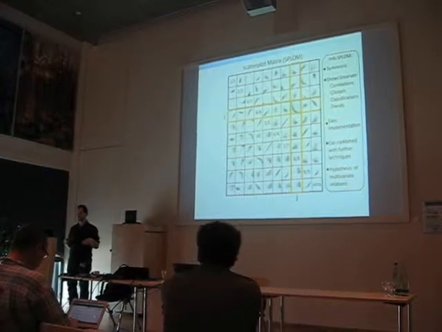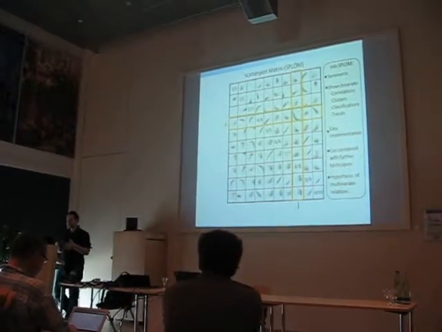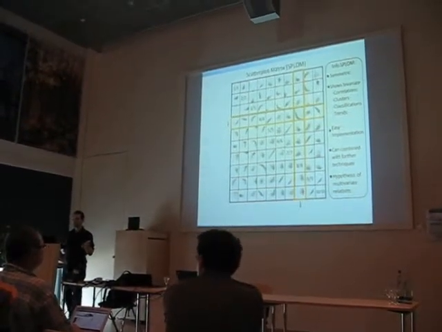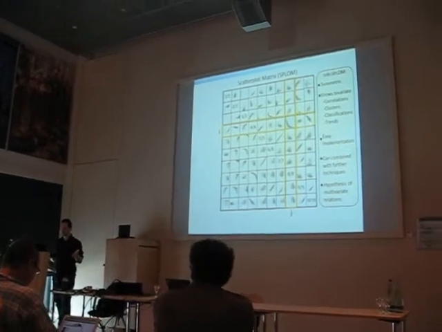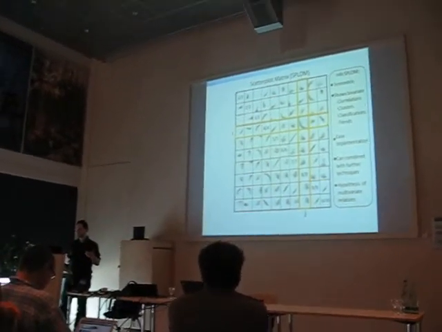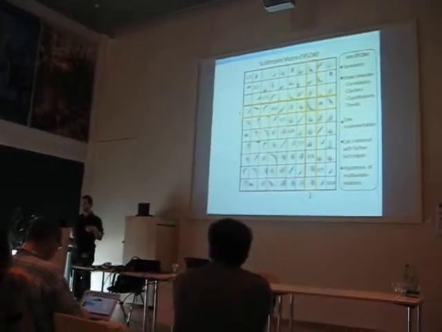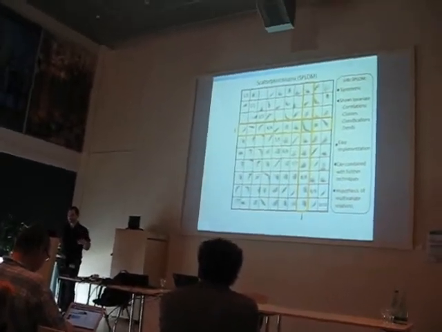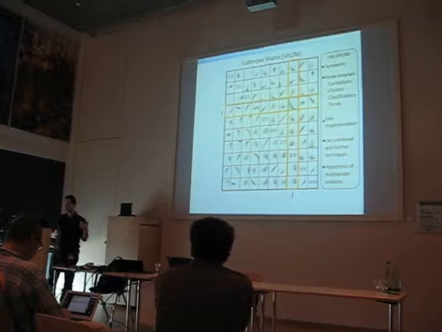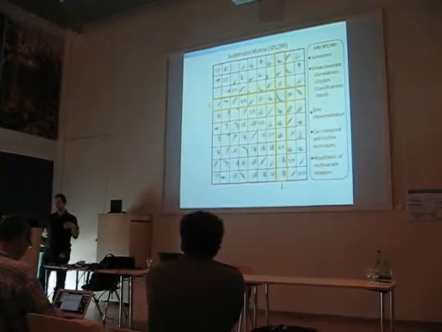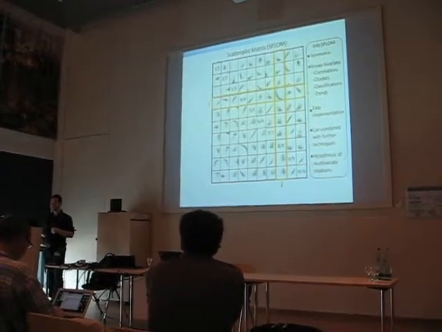Okay, and SPLOMs are pretty popular in visual analytics and visualization for a couple of reasons. For example, it's definitely easy to evaluate bivariate correlations, clusters, trends, and so on. It's definitely easy to implement, right?